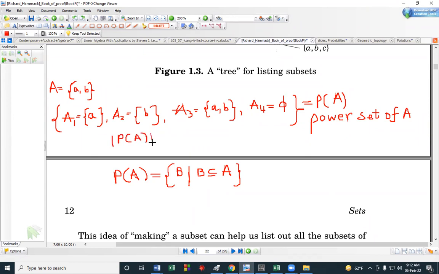How many elements are there? 4, right? What is the cardinality of the set A in this case? 2.